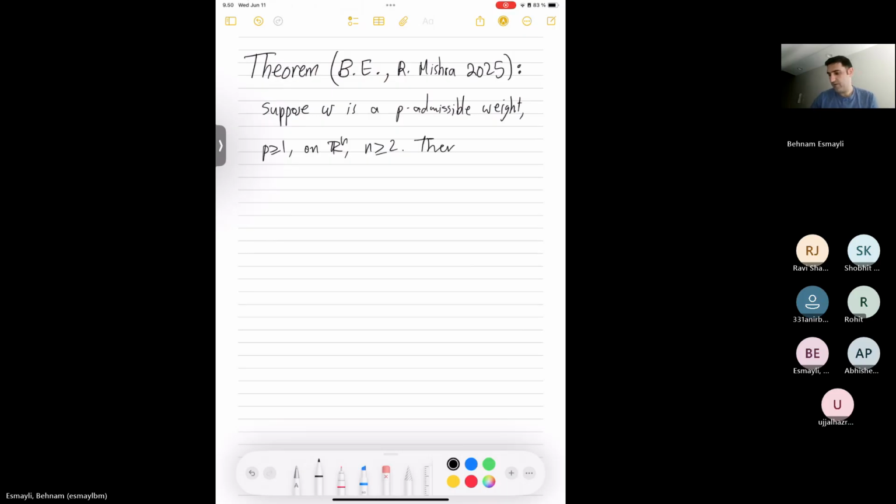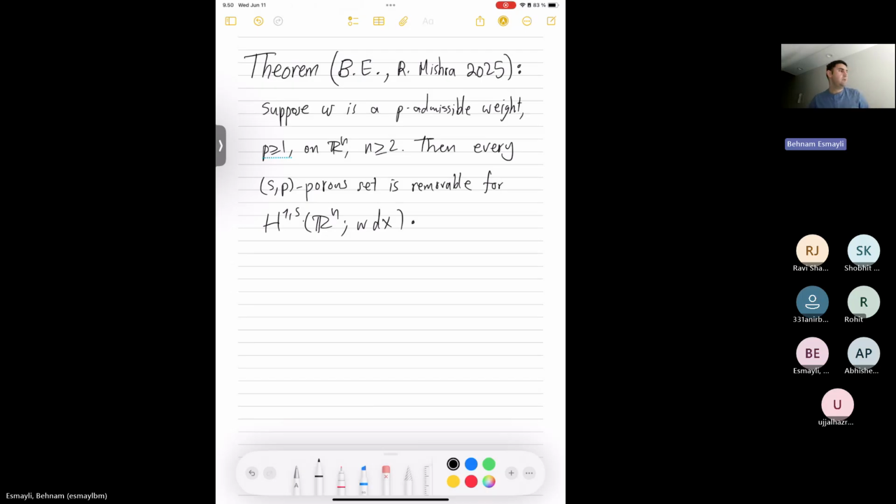Then every S P porous set is removable for this H^{1,P} space on all of R^n with weight W dx.